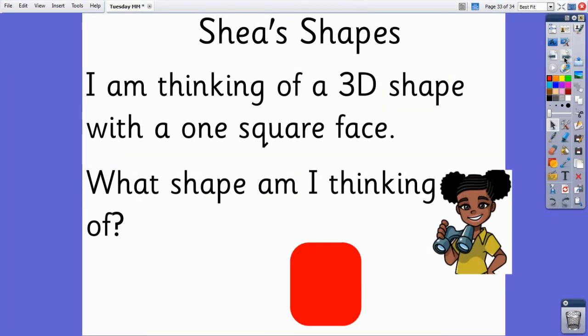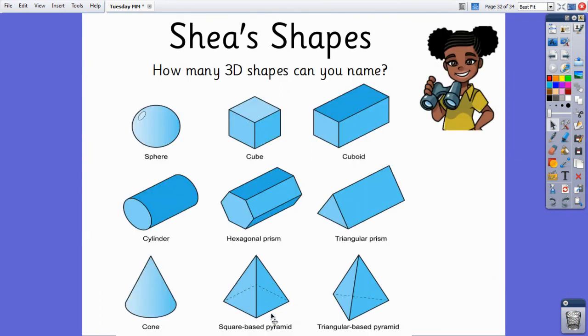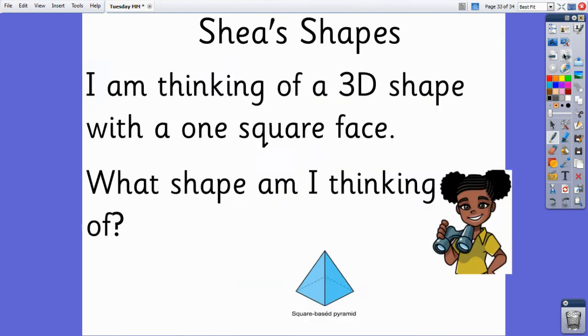Let's check. Shayer was thinking of a square-based pyramid. A square-based pyramid has one square face.